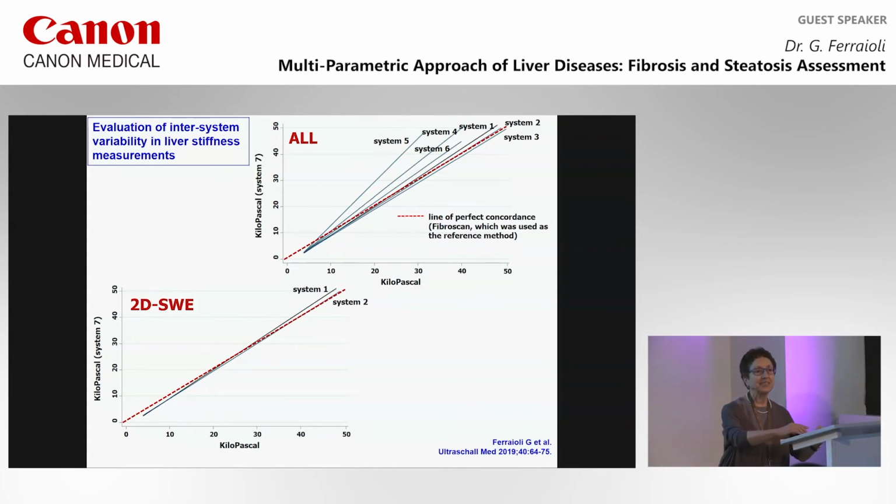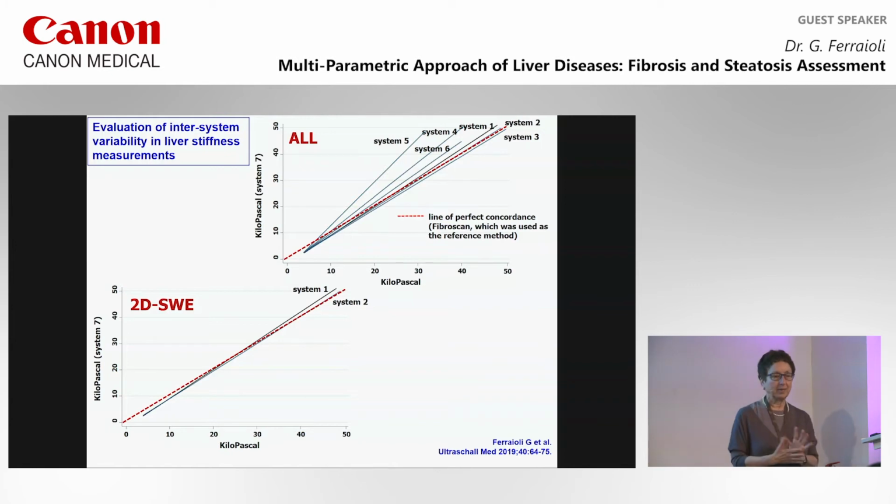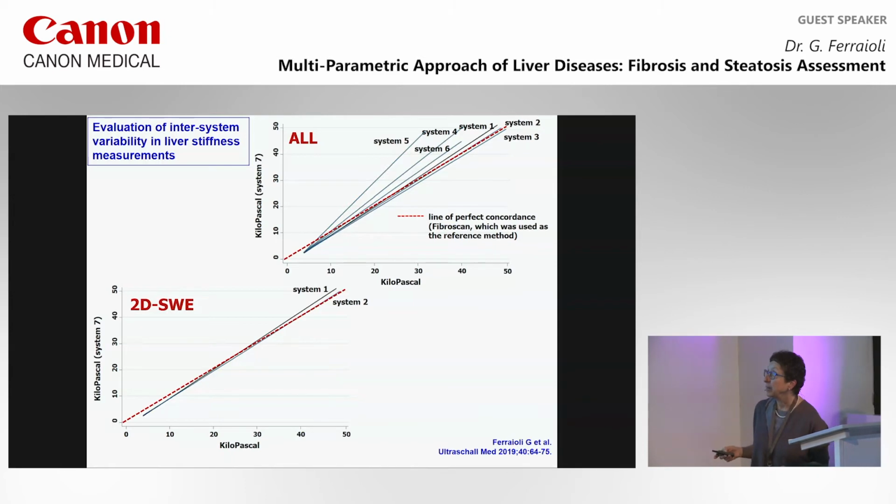And unfortunately, the results obtained with the ultrasound equipment of different companies do not give the same values. This is a study that has recently been published, and the FibroScan was used as the reference.